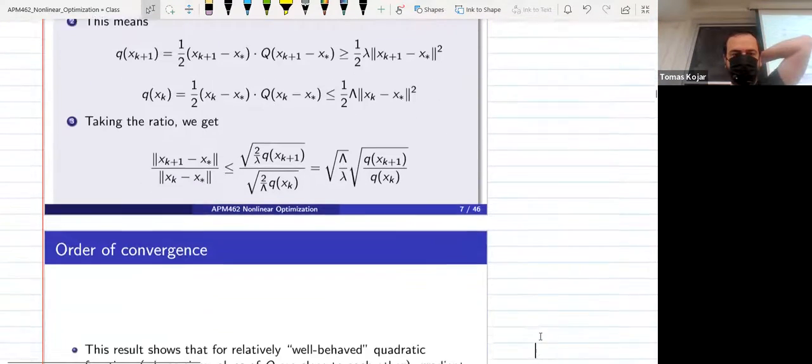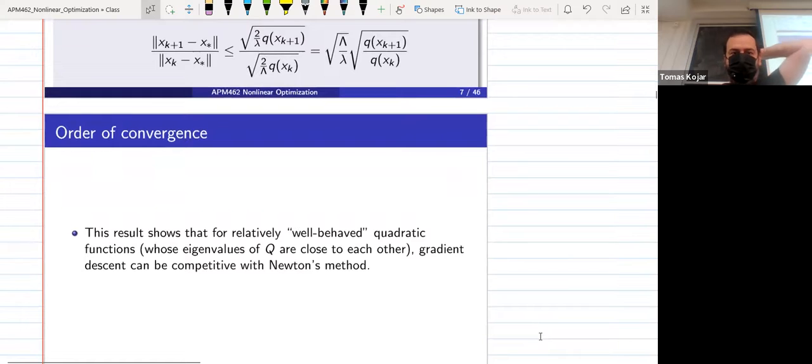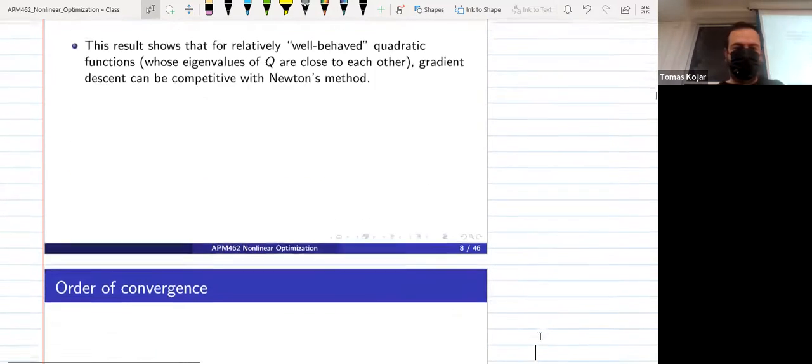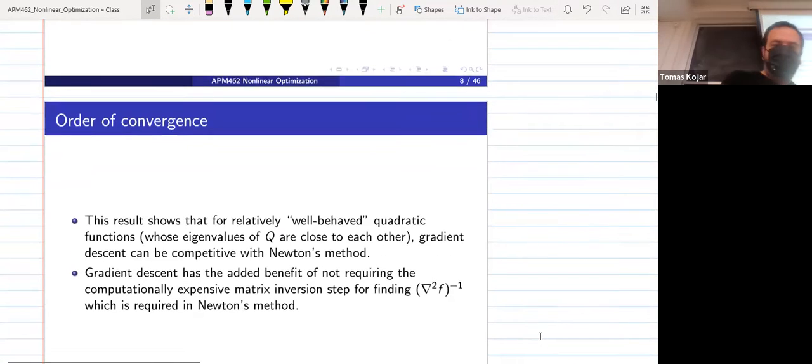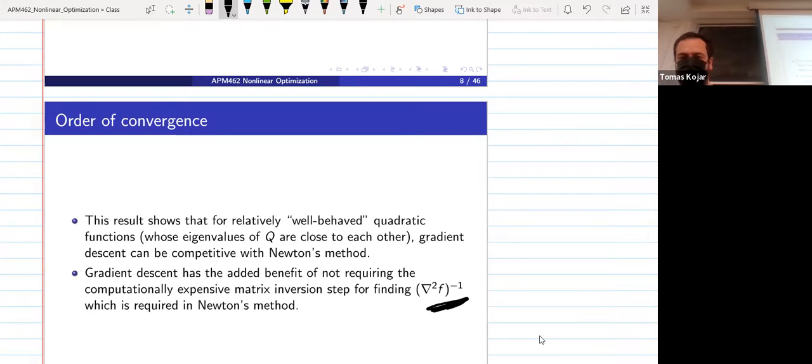What else? All right, yeah. So in Newton's method, we had this annoying part. If you remember, I had this Hessian matrix, and it made my life really hard.